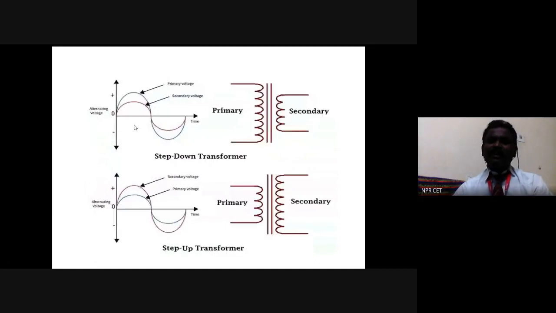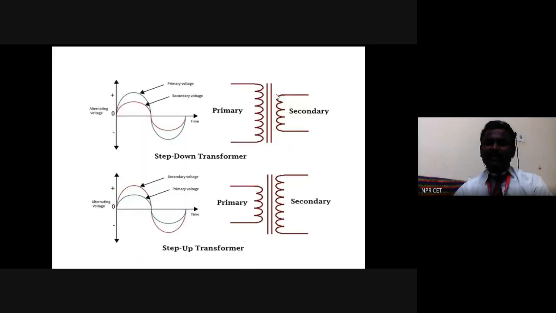Already we discussed what a step up transformer is and what a step down transformer is. Here is a step down transformer. In a step down transformer, the number of turns in the secondary winding is less than in the primary winding, so the voltage also reduces. The number of turns N1 or NP is greater than the number of turns in the secondary winding, so the output voltage reduces.